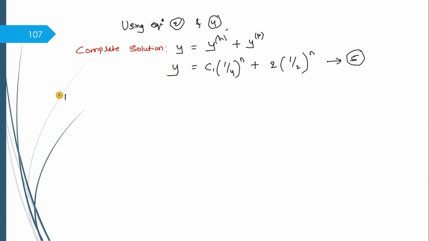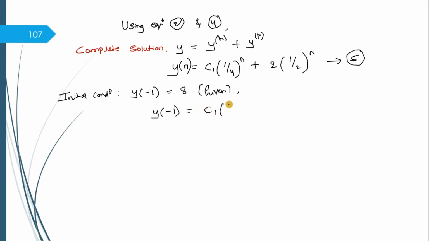The initial condition given in the question is y of minus 1 is equal to 8. This is what is given. Fine. This is a given entity. Now I substitute here. This is actually y of n. So y of n, in place of n, I substitute minus 1, is equal to c1 into 1 by 4 raised to minus 1 plus 2 into 1 by 2 raised to minus 1.